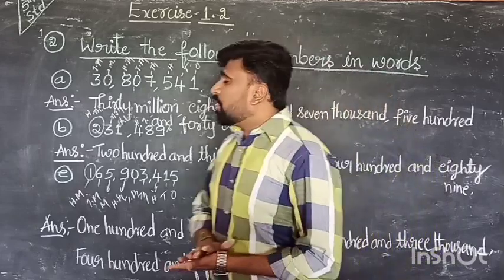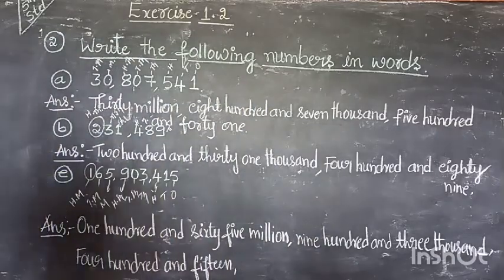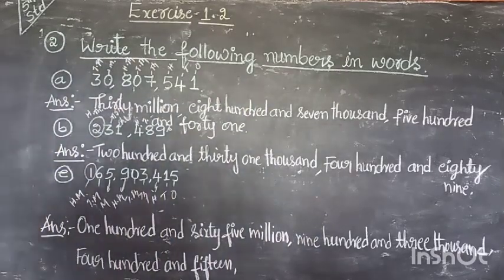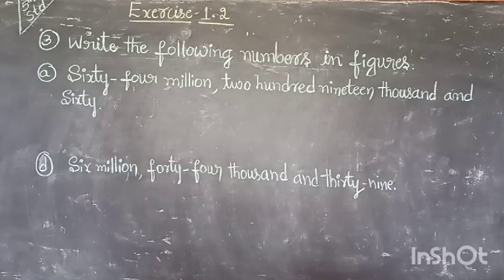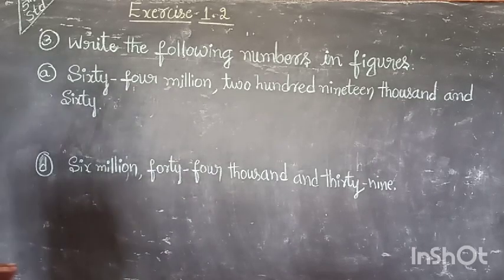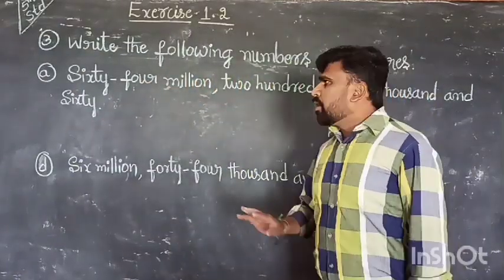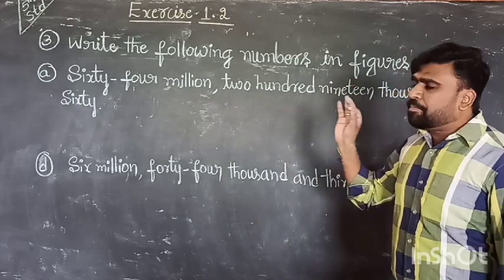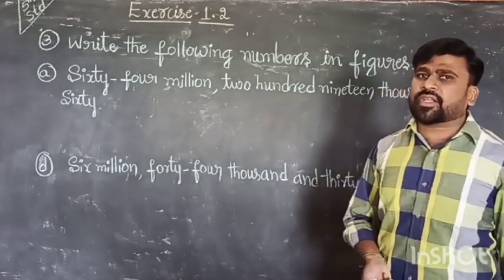Regarding exercise 1.2, the last main question, that is the third main. Regarding the third main, A, B, C, D, a total of 4 problems are given in your textbook.